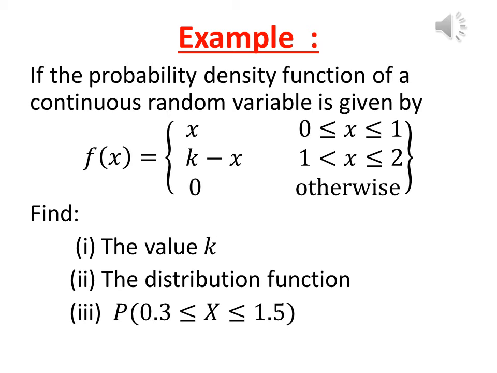Number 2, we find the probability x greater than 1 and less than 2, and the probability of x less than 2. Third, we find the mean mu and standard deviation sigma of x. To solve this, to get k, we have the integration for all domain of f of x equal 1. What's all domain? All domain is from 0 to 4.